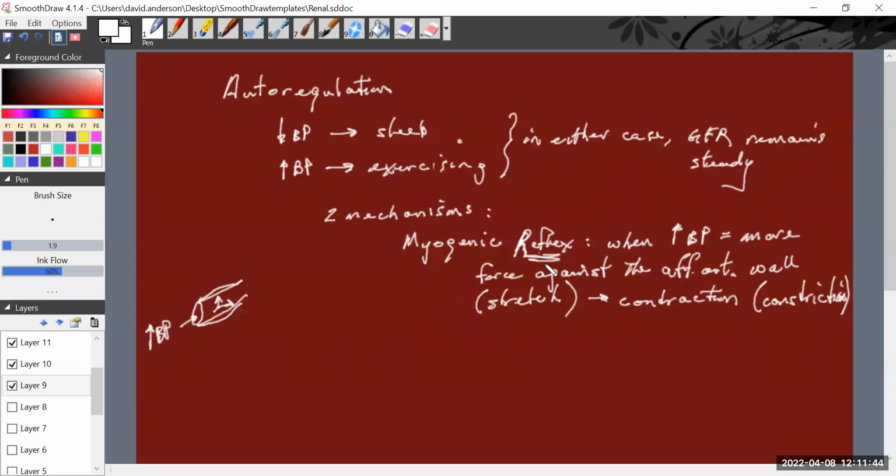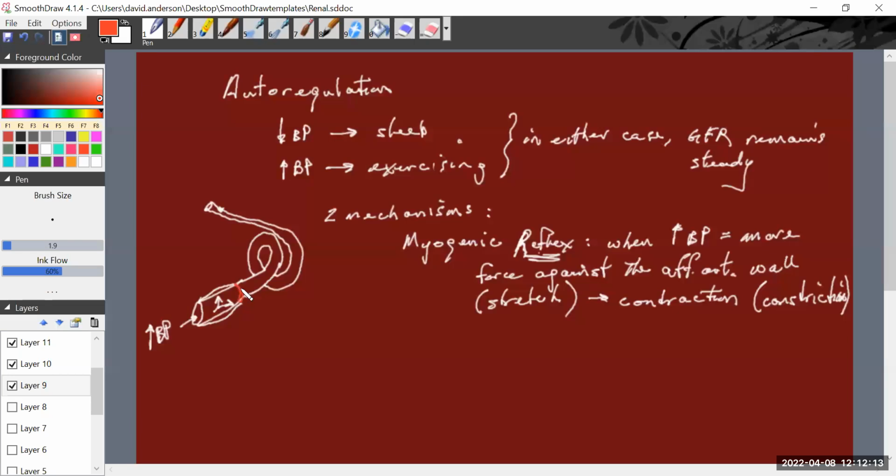So we're regulating the flow that's going to enter into the glomerulus. Let's keep our glomerulus really simple. So the result is very little change in flow because we responded by constriction.